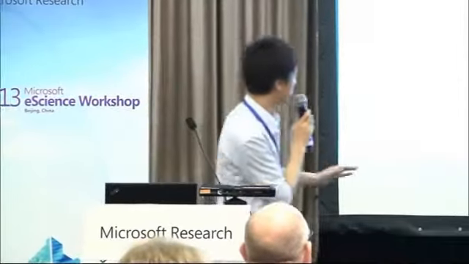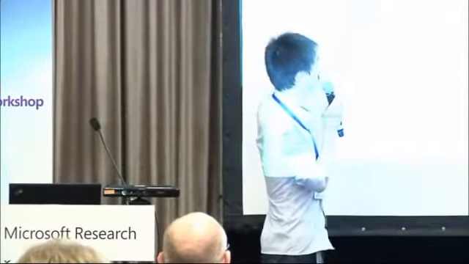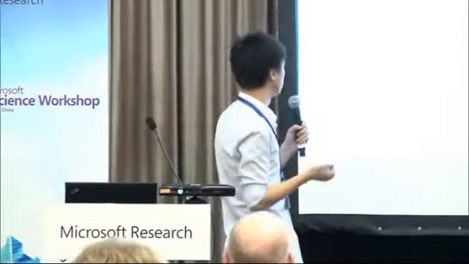ColorFrameReady, DepthFrameReady, and the SkeletonFrameReady events are provided by the KinectSensor class, as we can see from this picture. When the new frame is ready, this event will be triggered. So our registered event handler will be called, and the frame will be passed by the event argument. So there are two modes to get a new frame. First one is the polling mode, the other is the event mode. This is the general design principle in our Kinect for Windows SDK, and almost each data stream is provided with two modes.